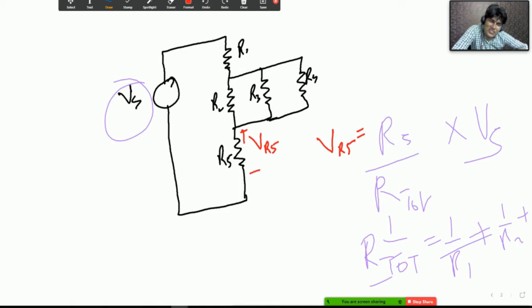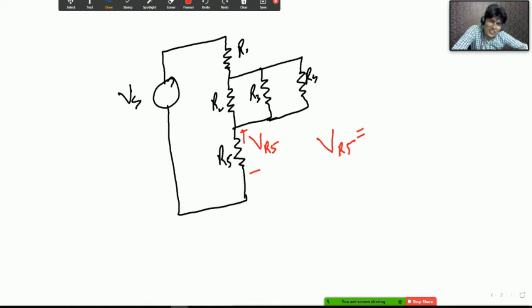This is not easy if you are doing it one by one. Simple.